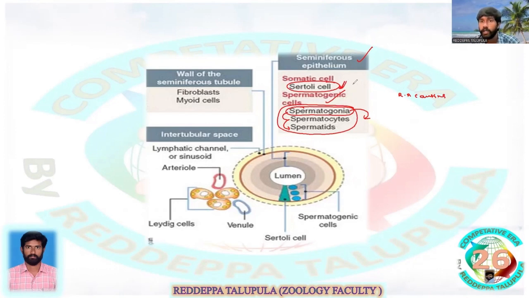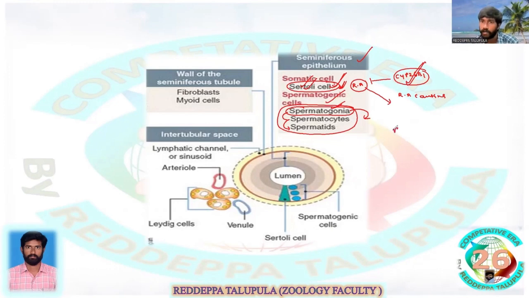Because there will be constant production of CYP26B1 in the Sertoli cells. When we talk about spermatogonia, there will be none. Because of this constant production, retinoic acid will not persist in Sertoli cells. So the retinoic acid will not show its mechanism for entering a cell into meiosis in the Sertoli cells.